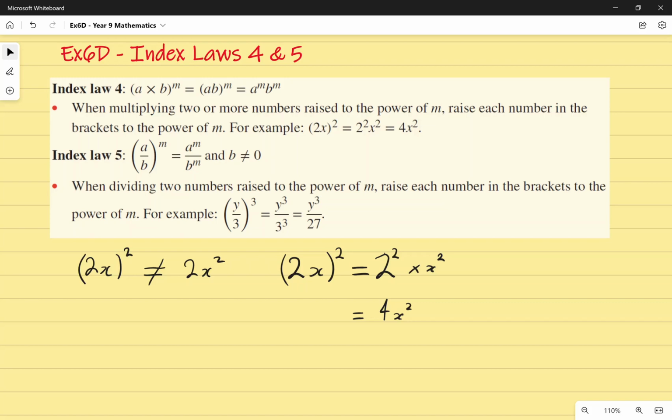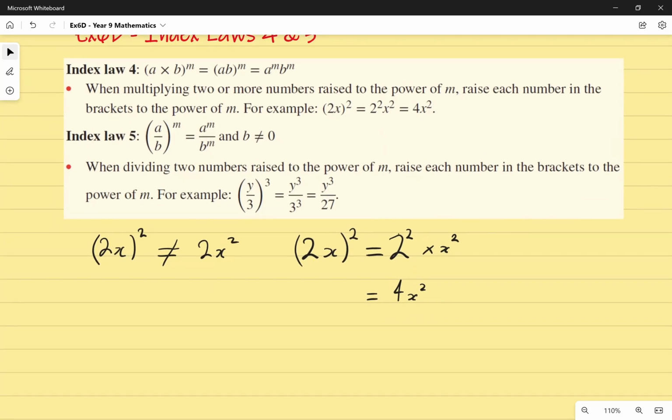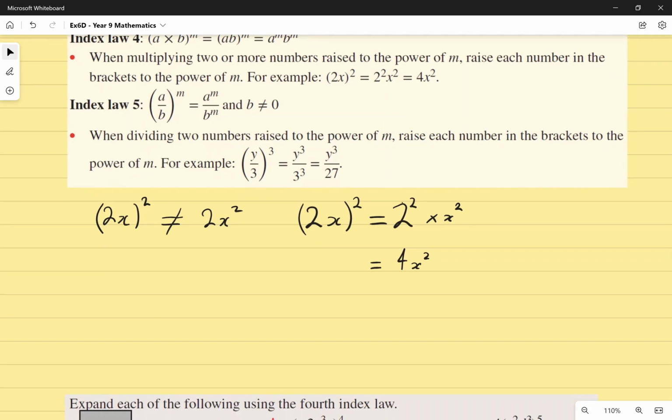Okay, so index law 5 is very similar. We're just looking at when we have fractions on the inside of brackets. If we have something like y on 3 in brackets cubed, again we have to make sure that we cube every term.